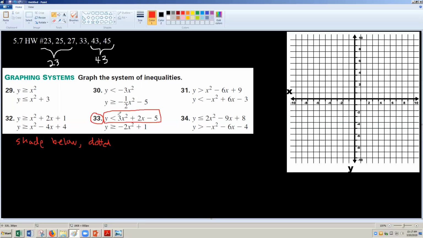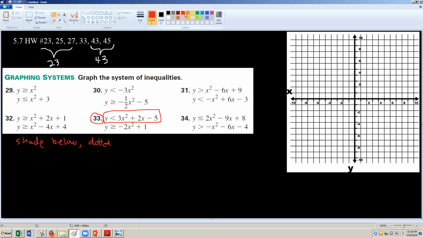This is not going to have a bold curve, and the reason is it cannot equal that value. If I had 0 is less than 0, is that true? No, it's not. 0 is less than or equal to 0, but it's not strictly less than. That's why we have this dotted curve: we can get really, really close, but we can't actually be on that curve.